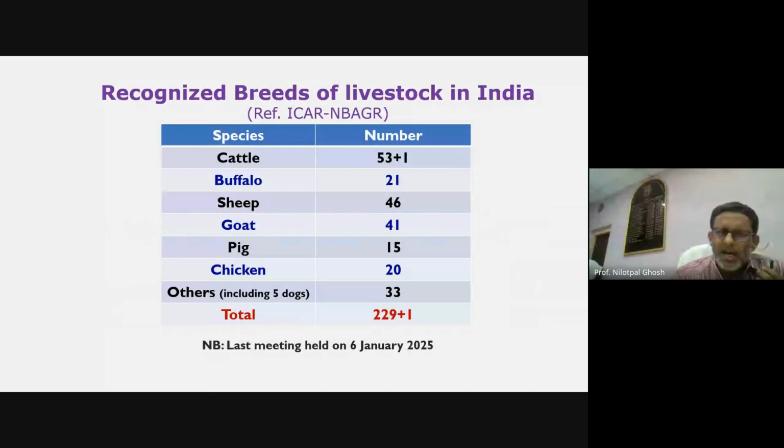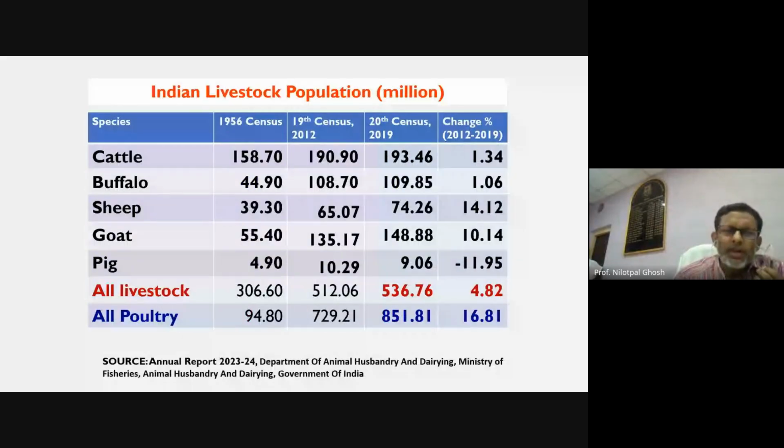At present, 229 breeds have been recognized, and one synthetic breed is also recognized, and a huge number of animals. And there is a positive growth, 4.8% growth in animals. So many animals are slaughtered every year, but the growth rate is increasing. In the case of poultry, the growth rate is even higher, 16% growth.